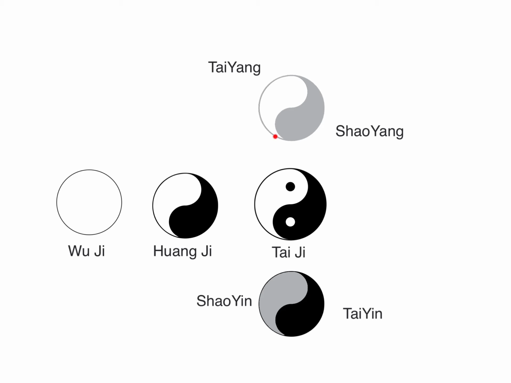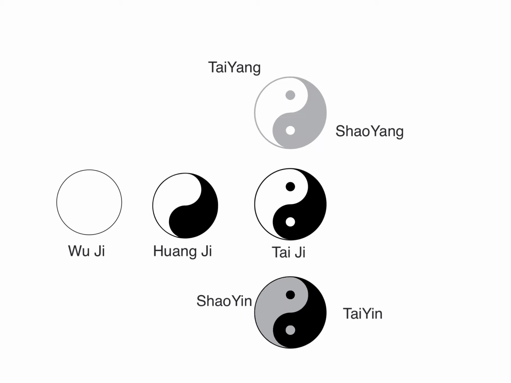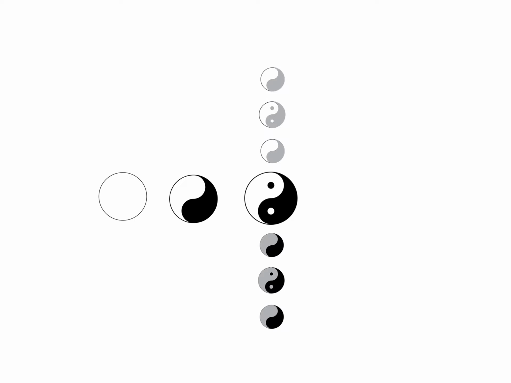And as soon as we have this, we have a Huangji, which means that from the Huangji, of course, comes the Taiji, which means that we can further subdivide each of these. And so we start to see this exponential subdivision, or this exponential evolution of complexity, right? Where the yin can be further divided into yin and yang, and then each division can be further divided into yin and yang.